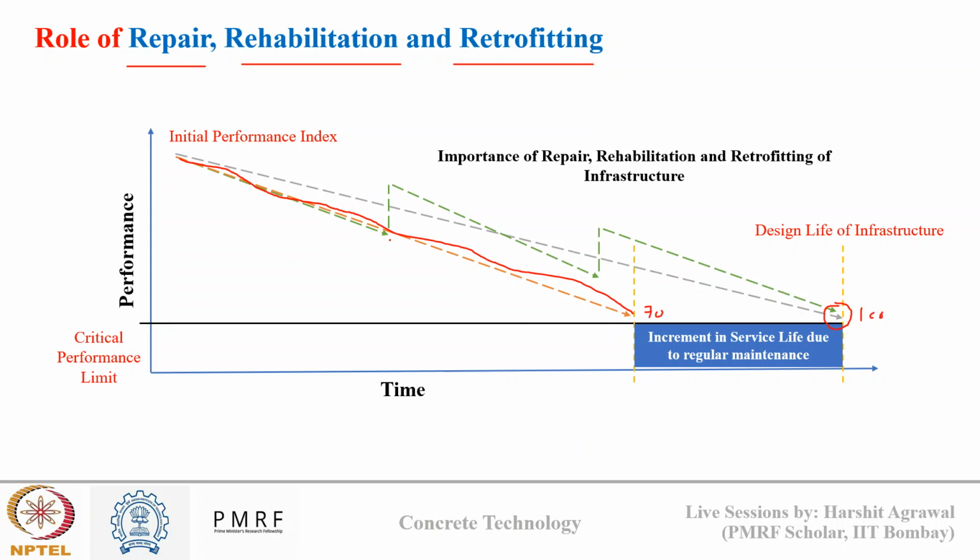So after different time intervals, I will do some repair, retrofitting, or rehabilitation measure on the structure to increase its performance. Then again it will degrade, then again I will do some repair or retrofitting measure, then again the performance will increase. In this way, with minimum maintenance requirement or with some major repair requirement, we can increase the service life of our structure to the intended life that we wanted.